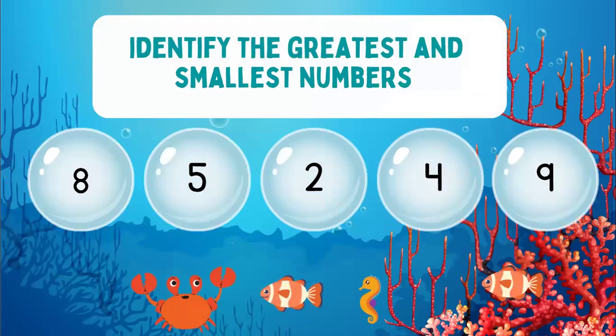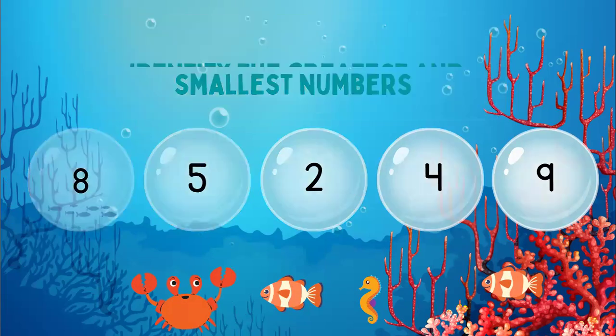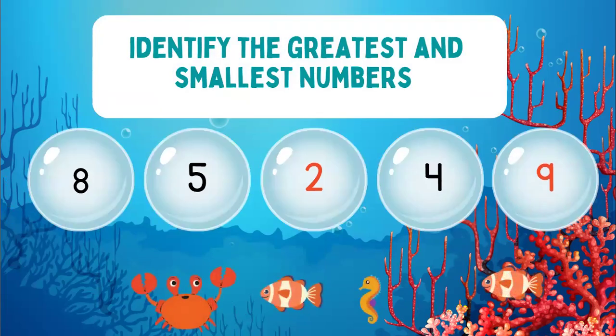Now, let's have a small quiz and see. Identify the greatest and the smallest numbers. Identify quickly using the tips I told you. Let's see the answers. If you chose 2 as the smallest number and 9 as the largest, well done, you're correct.